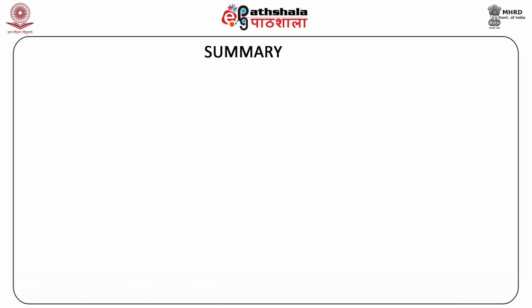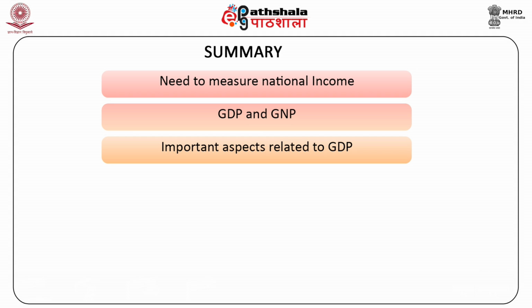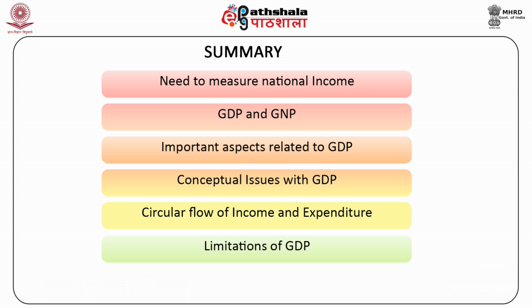To summarize, we studied different reasons to measure national income, learned the definition of GDP and GNP, identified important aspects related to GDP such as final goods and services, value added at different stages of production, etc., and studied conceptual issues with GDP such as stocks and flows, distinction between gross GDP and net GDP, difference between GDP and GNP, etc. We also studied in detail the circular flow of income and expenditure, and finally covered the limitations of GDP.